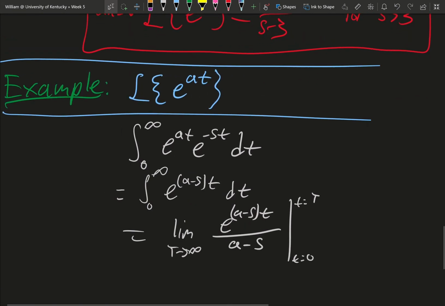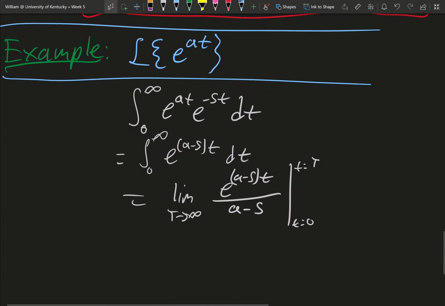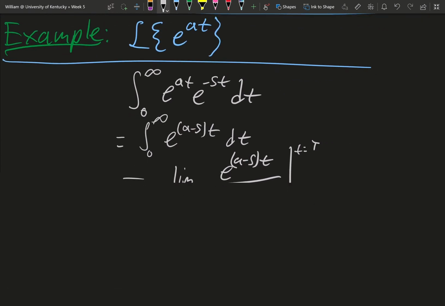And the same steps are going to follow from up here, right? We would need this exponent to be negative, otherwise it's going to go to infinity. So we need a minus s to be greater than 0, or a greater than 0. I'm sorry, I have that backwards. We need a minus s to be less than 0, which means that a is less than s.